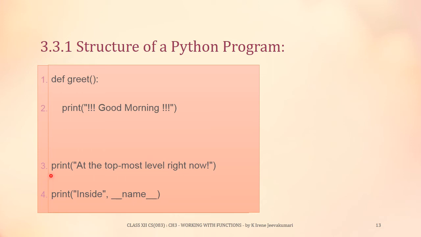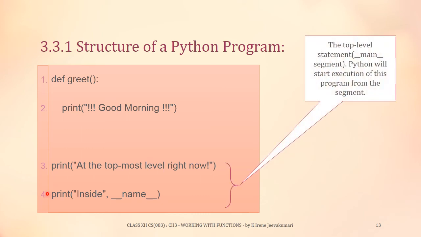The statements which begin from the margin are referred to as top level statements. Also they are in the main segment. Python's execution will begin from the top level statement. The first top level statement is a print statement. For that statement, at the topmost level right now will be printed when it is executed.